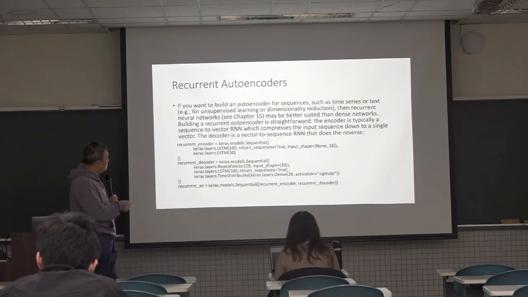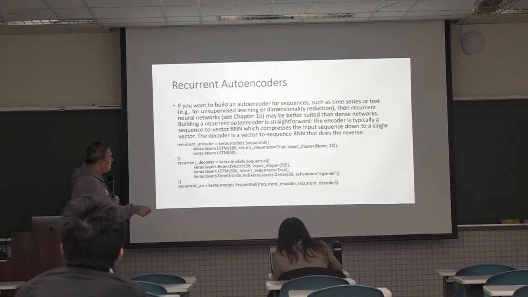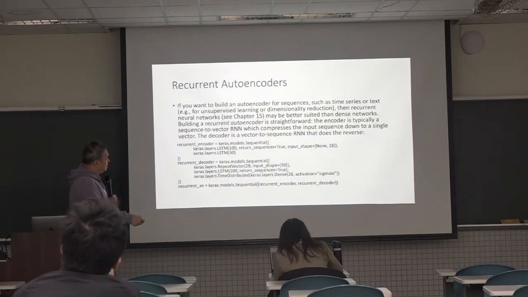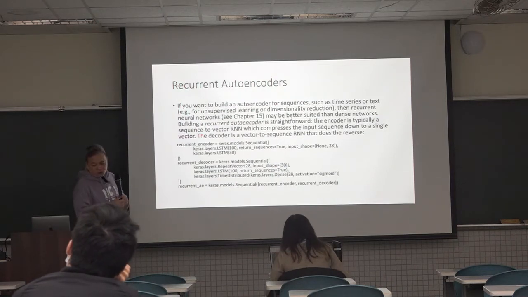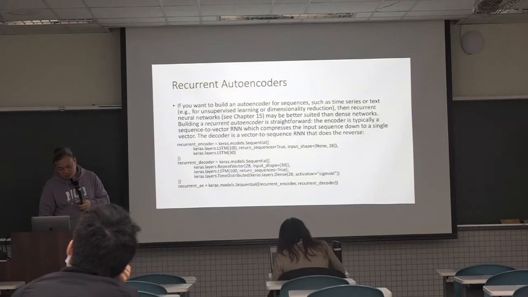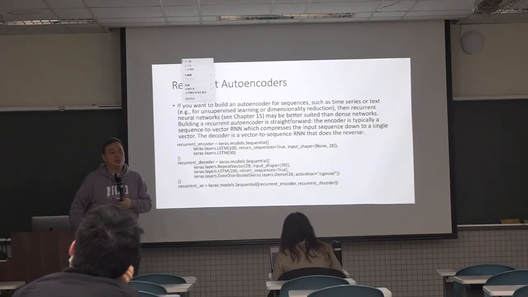So this one is a sequence to vector. This one is a vector to sequence. If you ask me what kind of architecture this autoencoder is, I would say it's going to be something like an encoder-decoder network.